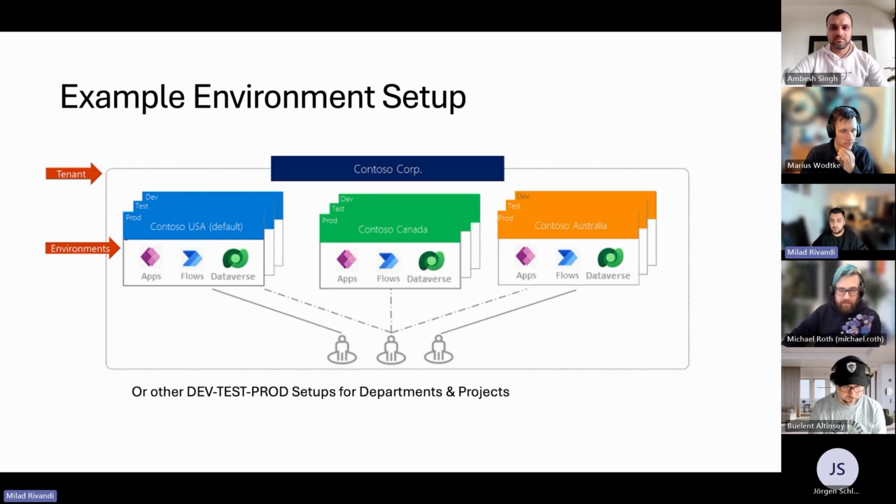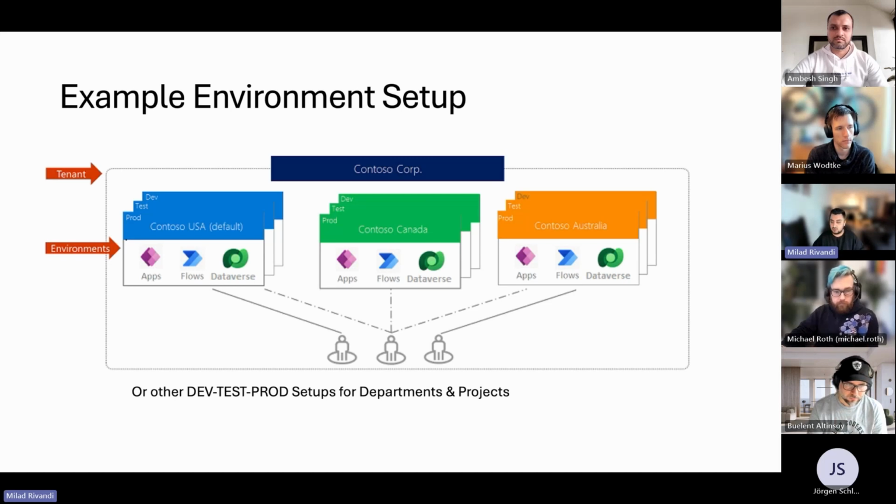Usually, or at least some companies, have an environment strategy or environment setup. Most likely it looks like you have, for example, environments for different departments, for several projects, or for regions, and a dev test prod structure, maybe the same as what I showed last time with the pipelines for deployments.